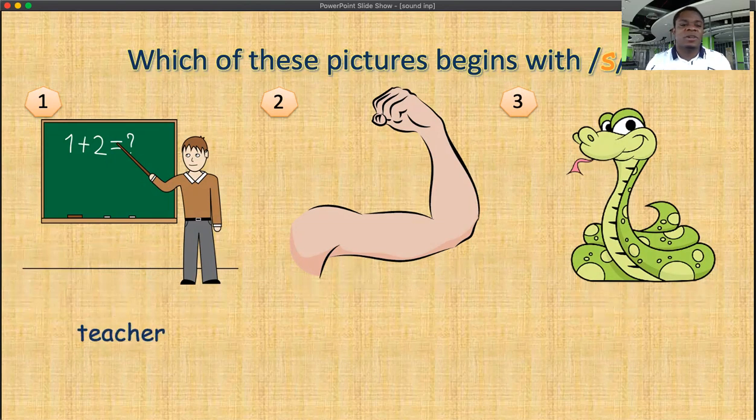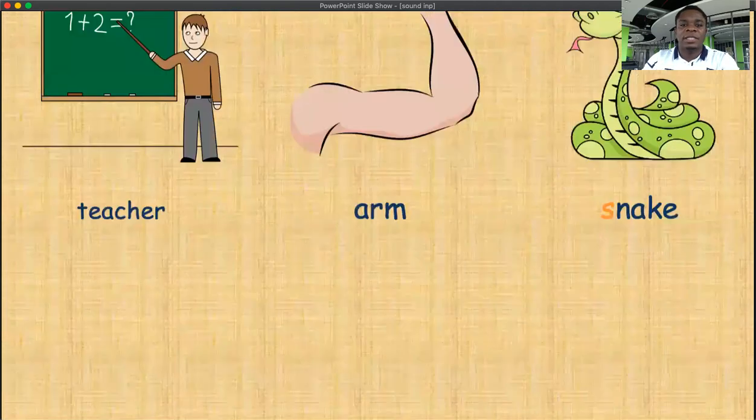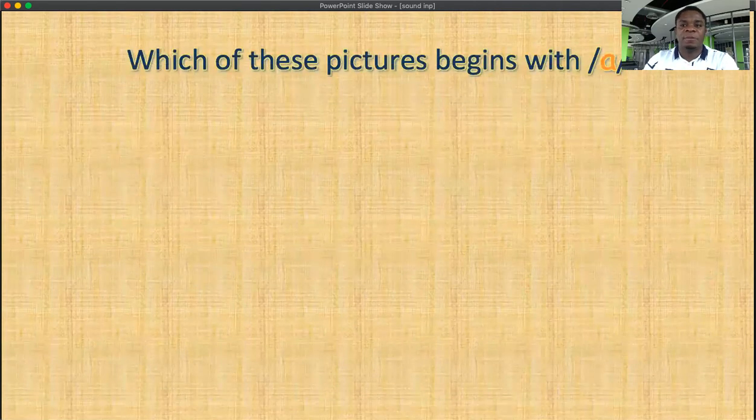No, that's not it. Number 2, arm. No, that's not correct. And picture number 3, snake. Snake. Picture number 3 is correct. Snake. Good job.